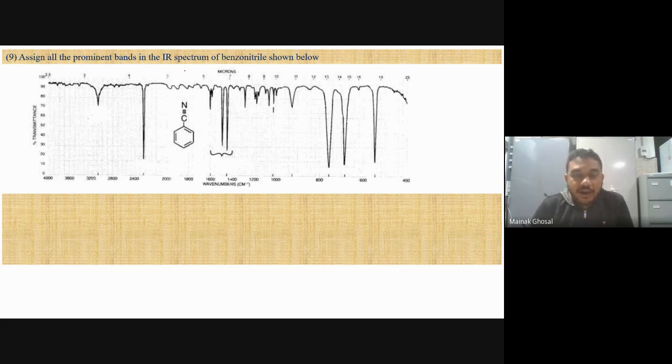So in case of cyanobenzene, what kinds of groups do you expect in the IR spectra? What kinds of groups? Functional groups I am talking about.